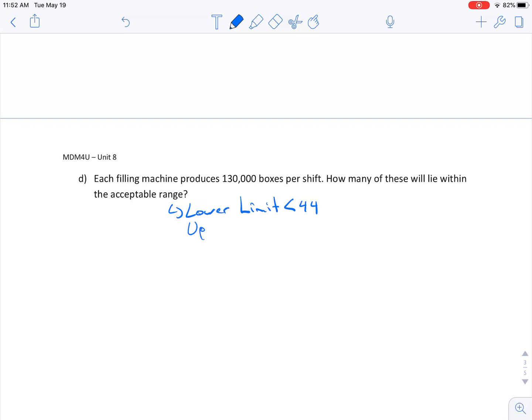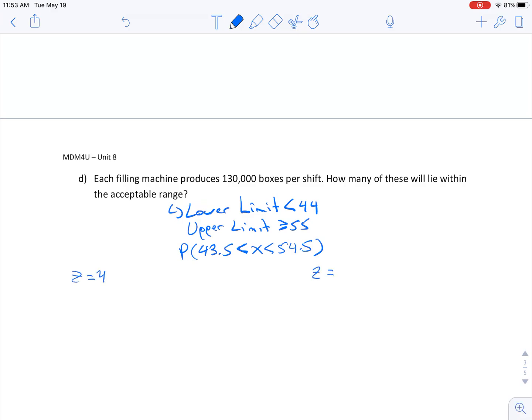So the upper limit is greater than or equal to 55. So we have to think about how that translates into our continuity correction. I know I've got a lower limit of less than 44, so 43.5. And then it can include 55, so I have to take the whole unit of 55, and I say 54.5. And so again, I've got two separate calculations for my z-score to make.